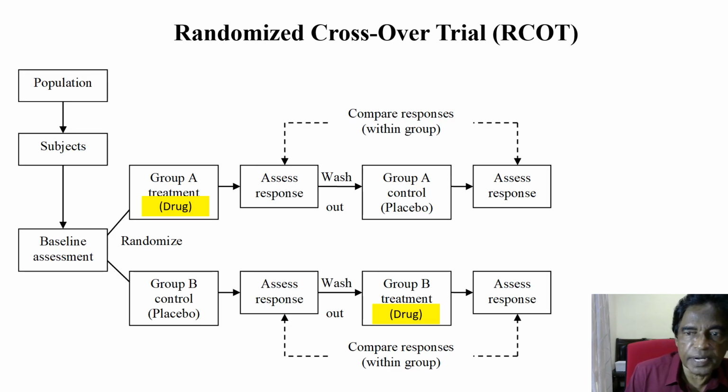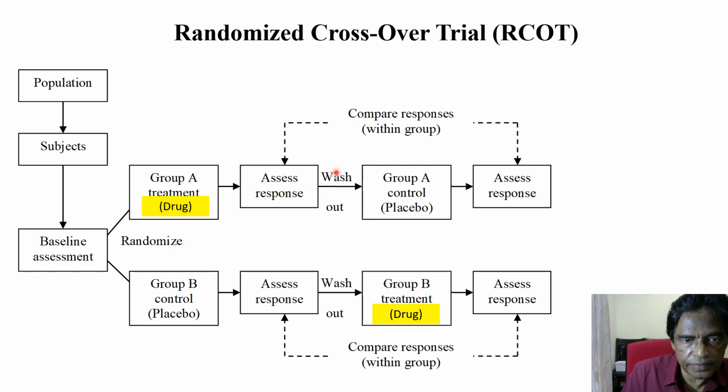Randomized crossover. So what's the difference? Same as before: patients, or whatever subjects, are randomized into two groups. Until here, it's like an RCT. So what's crossover?